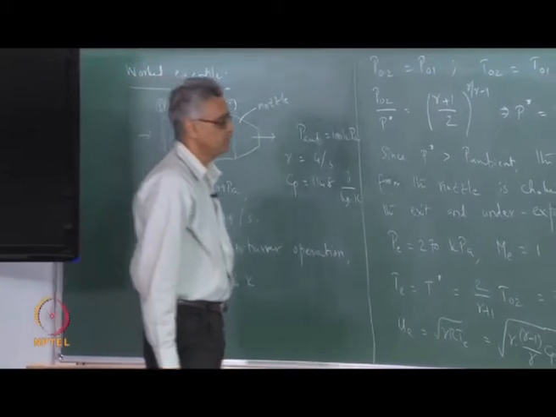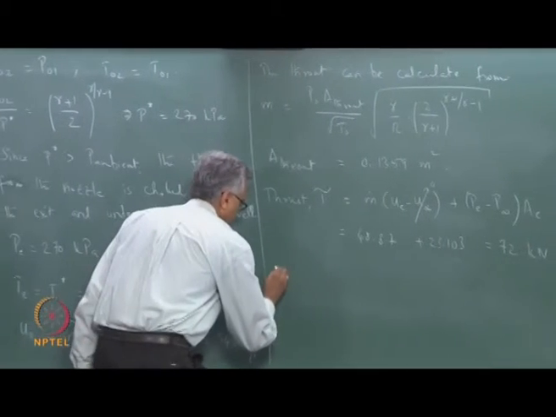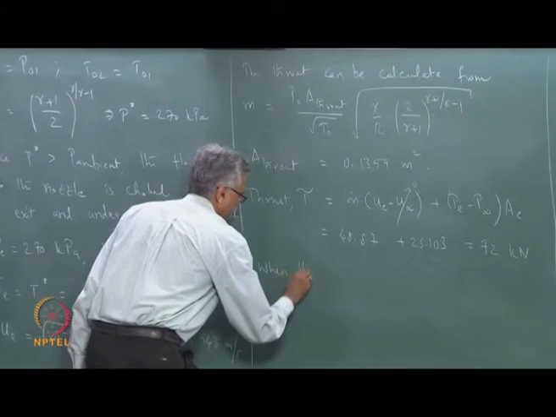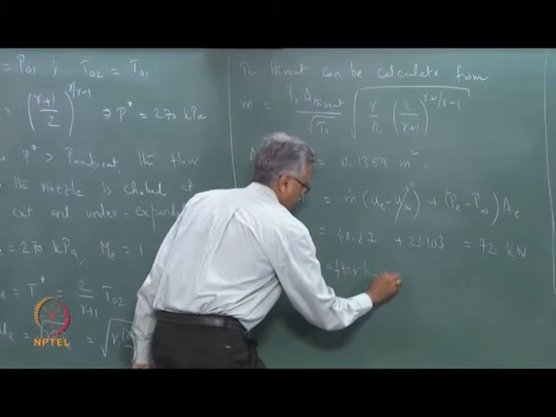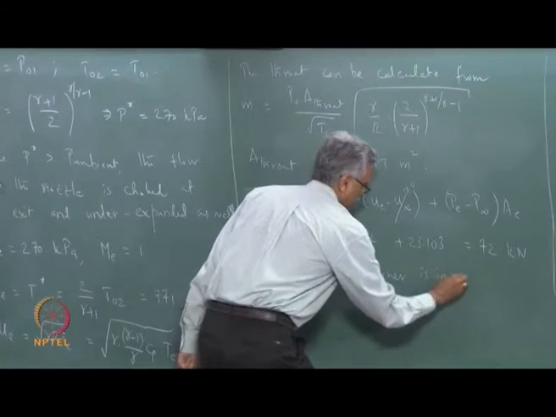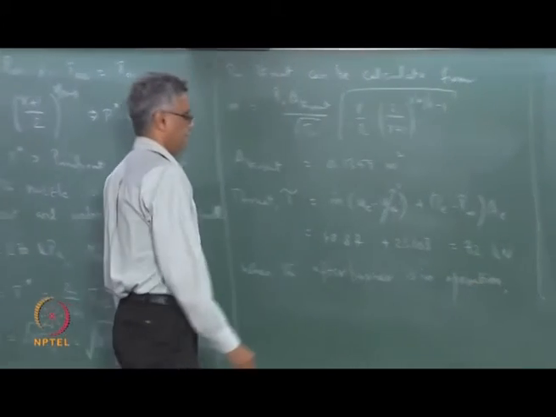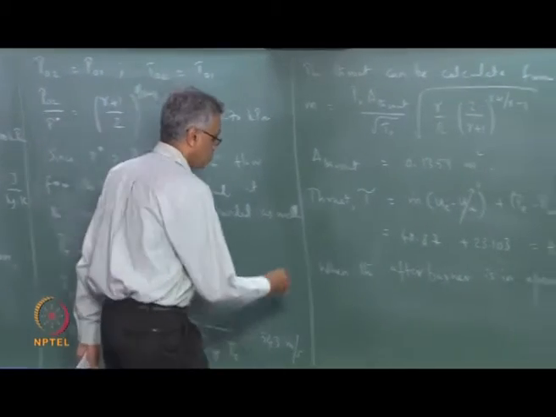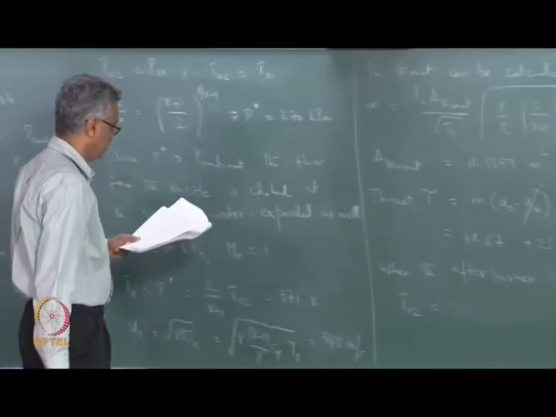So, when the afterburner is in operation, we need to do the same calculation. So, let us see what happens when the afterburner is lit. Mass flow rate has to be maintained the same, so that does not change.